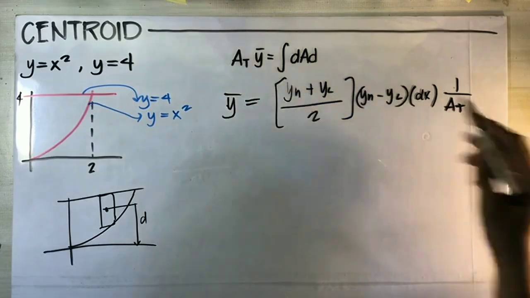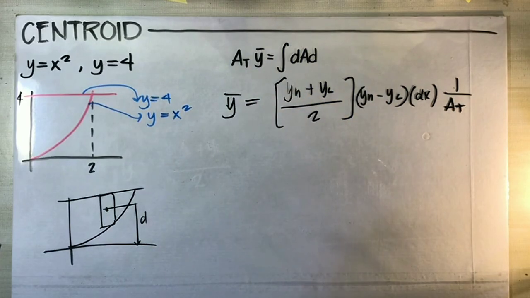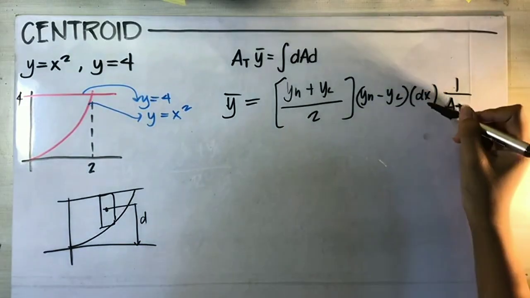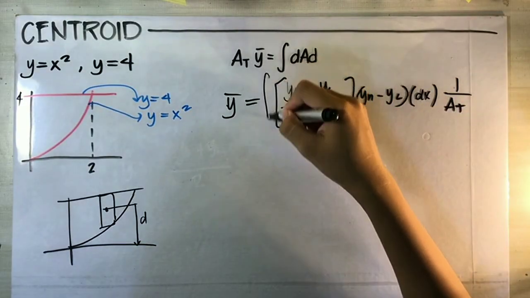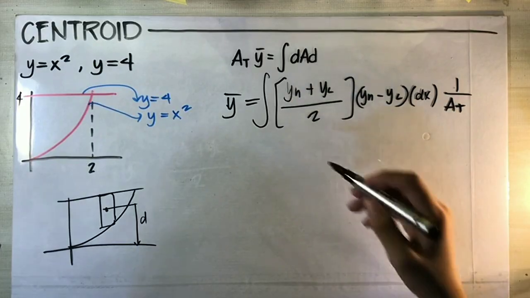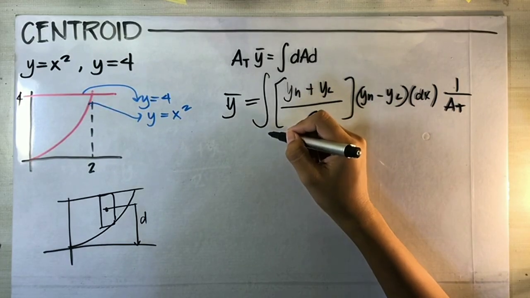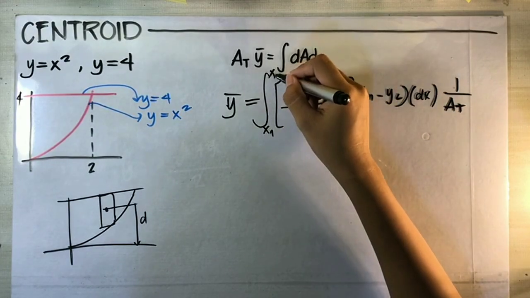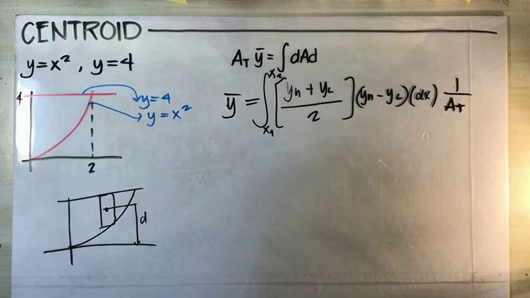And now we have the formula for the centroid of y. Since we have here the dx, our limit is x1 to x2. This is just the same if our reference axis is the y-axis.